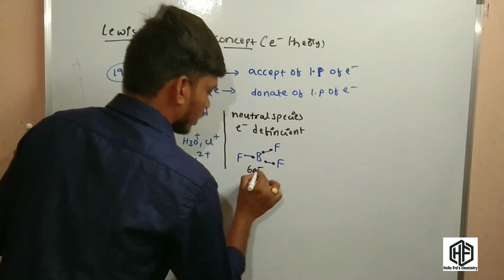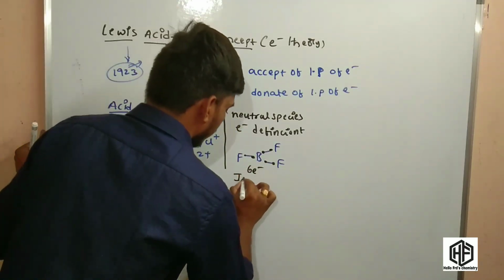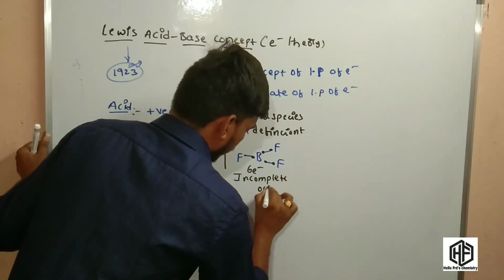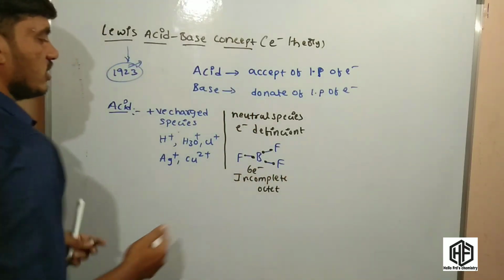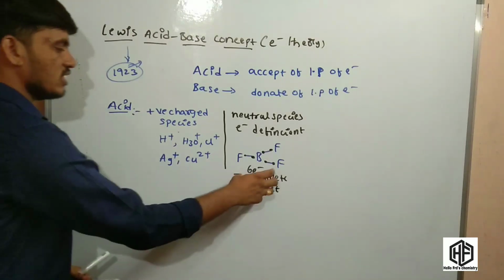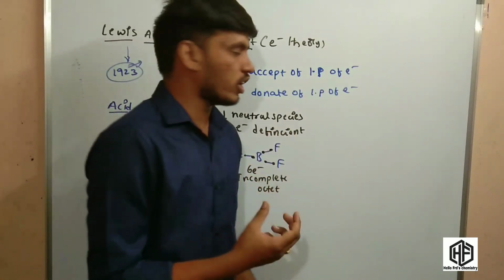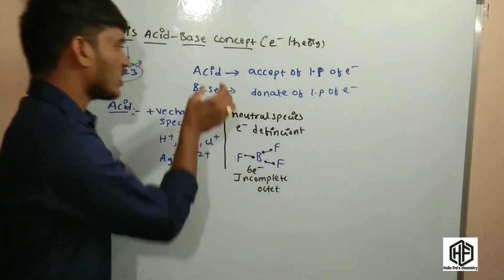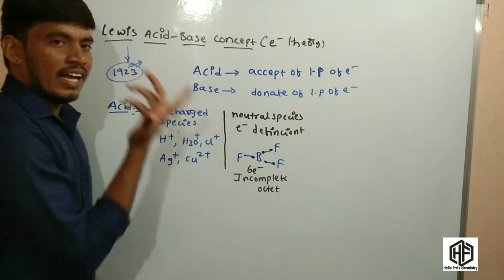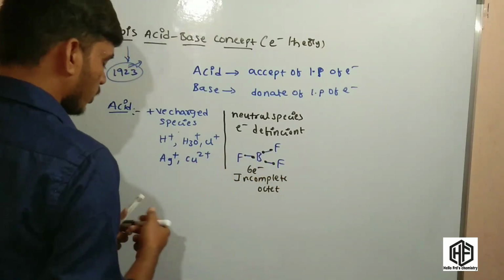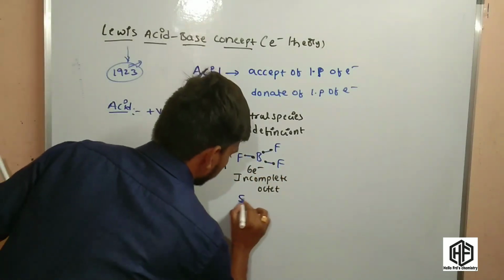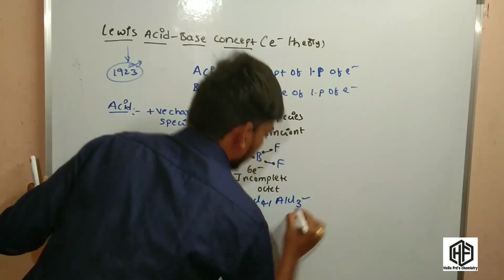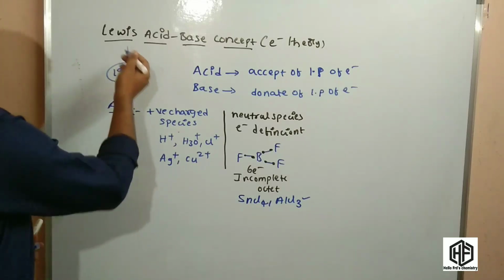This is an incomplete octet. It accepts a lone pair of electrons, that is called a Lewis acid. One more example is SnCl4 and AlCl3. These are examples of Lewis acids.